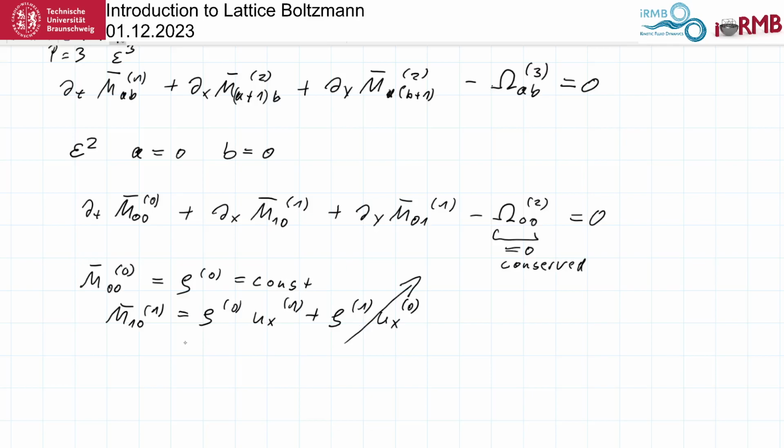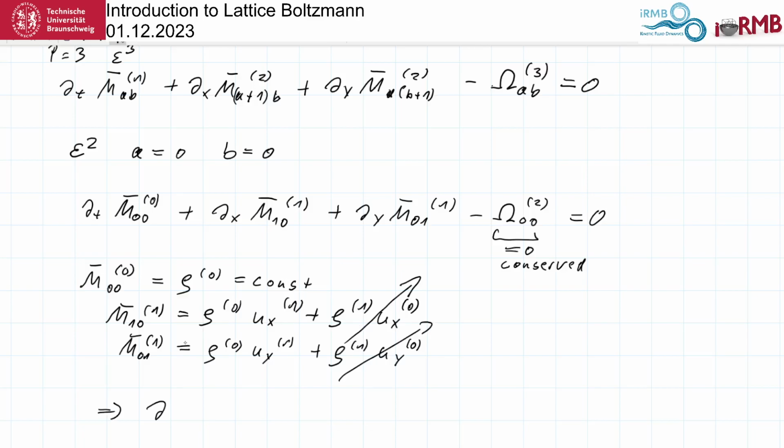This is before the solution, right? So the solution is u1 and not u0. So this must be 0. And the other one is rho 0 uy first power plus rho 1 uy0. So obviously this is also gone.